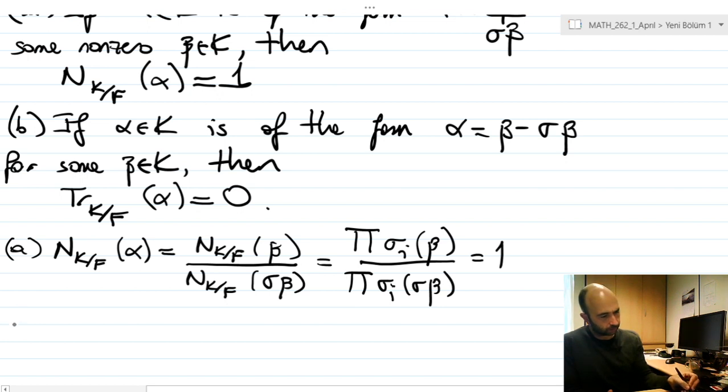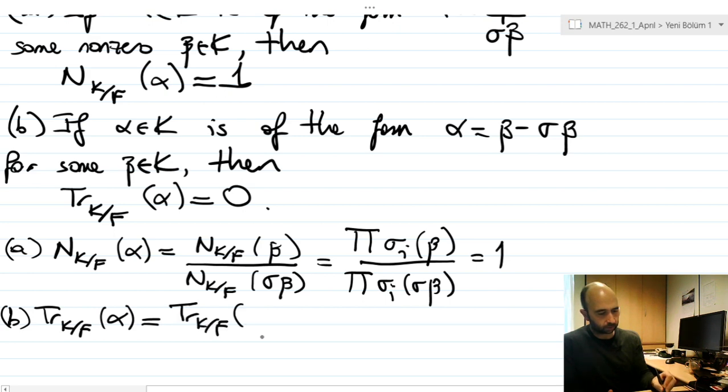Now for B, it's kind of similar. We are looking at trace, and trace is additive, therefore this is going to be trace K over F of beta minus trace K over F of sigma beta.